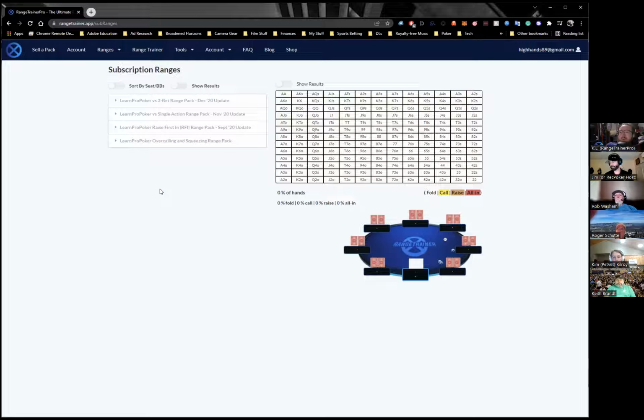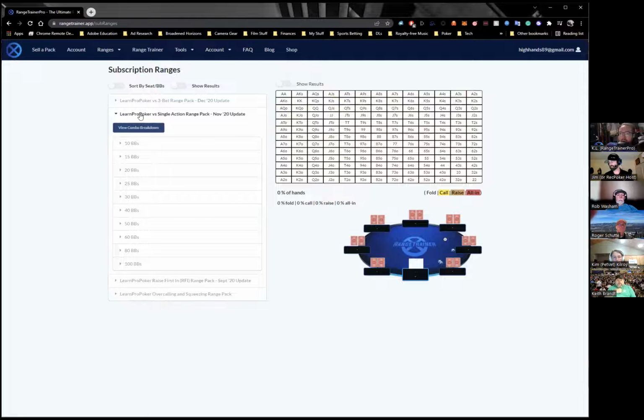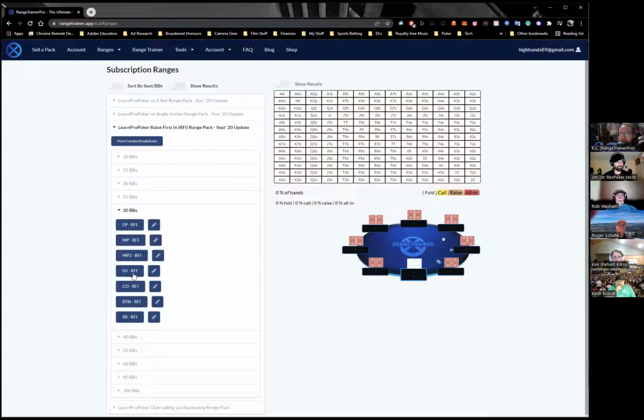It came from an idea that everybody had ranges, but nobody had a good way to study them and absorb them. And so I wanted to fix that.